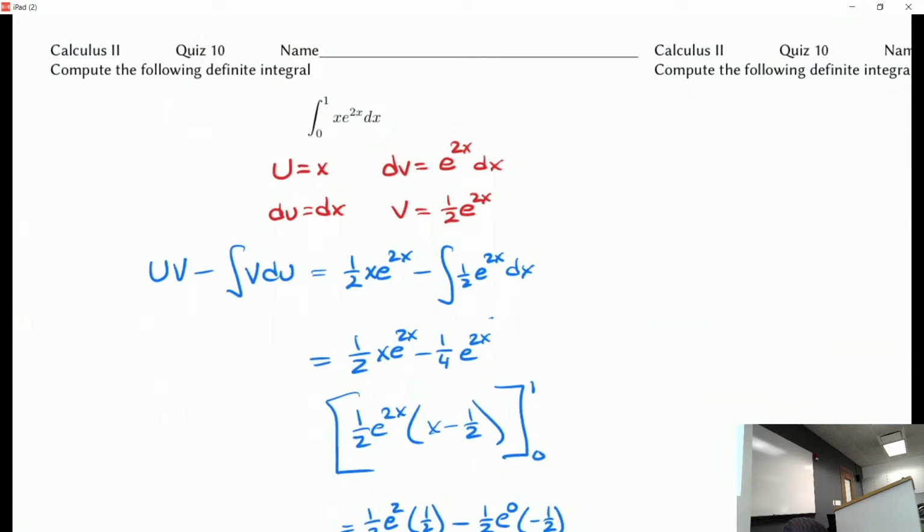All right, if you are still working, try to wrap things up. You can move on to the next joyous integral.